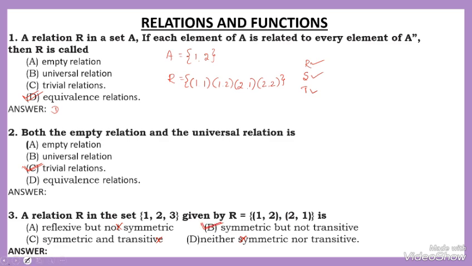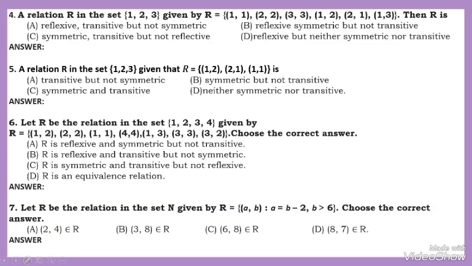Next, moving on to the next question. Question number 4. A relation R in the set {1, 2, 3} given by relation R equals. Here there are three elements: 1, 2, 3. So first we have to check the image of these three elements. (1, 1) is present, (2, 2) present and (3, 3). Hence, reflexive property holds.